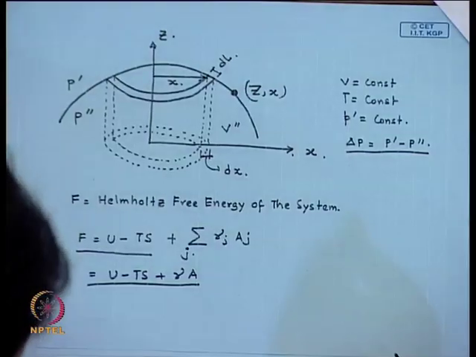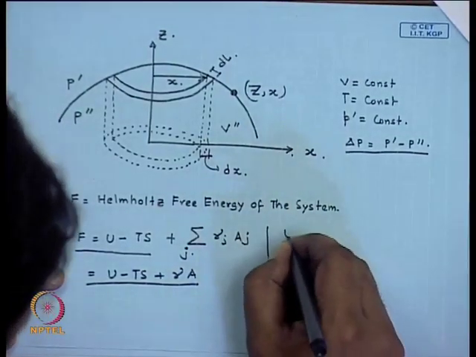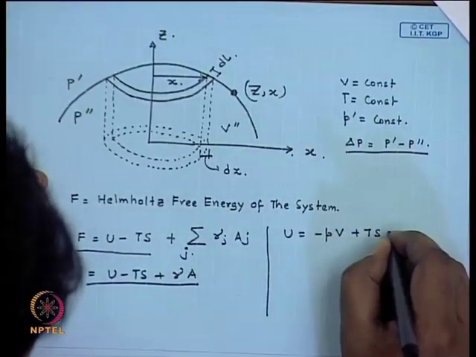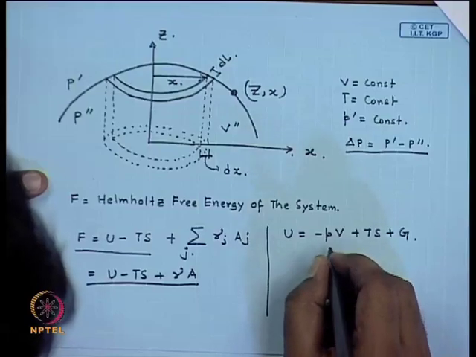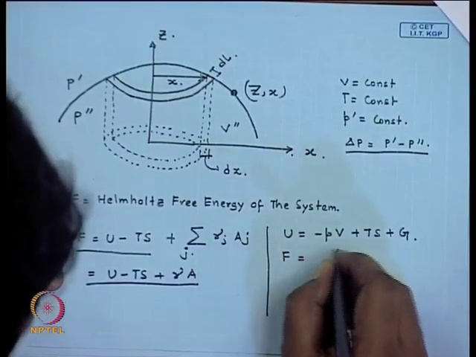Now, we know from basic thermodynamics that U is minus PV plus TS plus G, and F is therefore U minus TS.